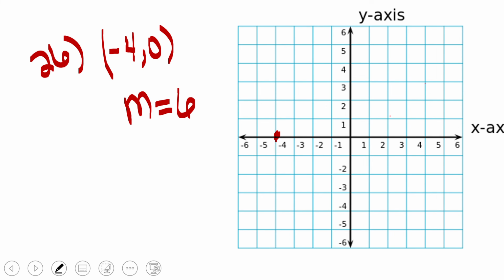So it sits right on the x-axis. It's an x-intercept because y is 0. Okay, our slope is 6. So we assume it's rise over run, 6 over 1. If that is true, then it's a rise of 6 from that point. 1, 2, 3, 4, 5, 6, and a run of 1.